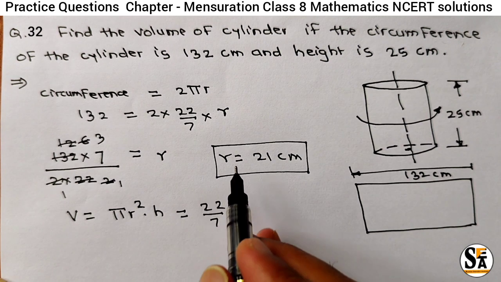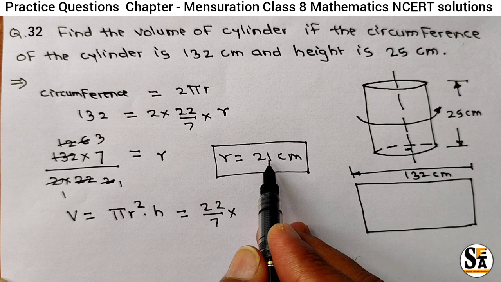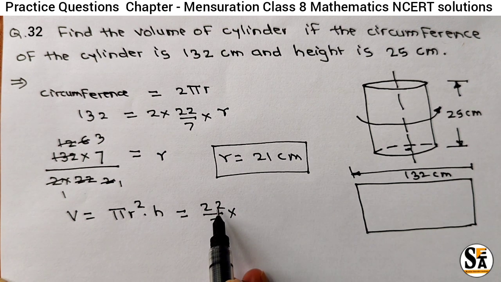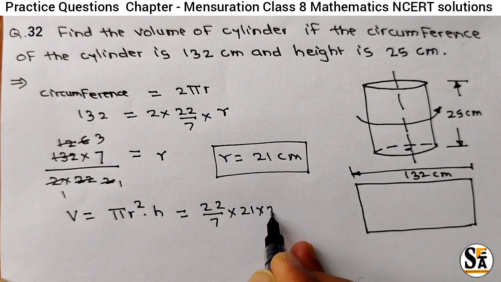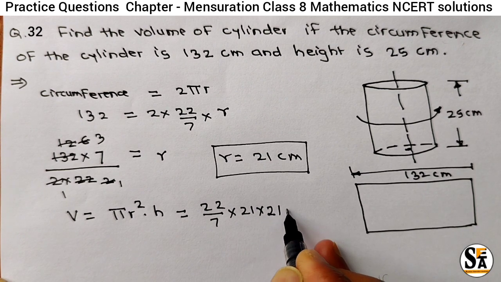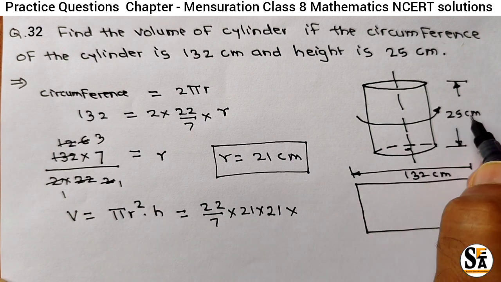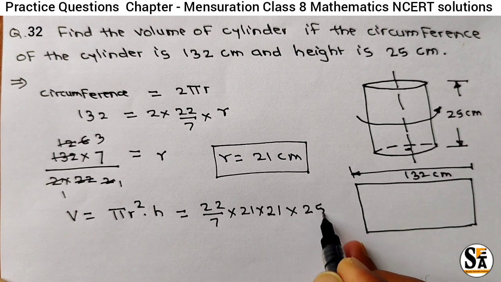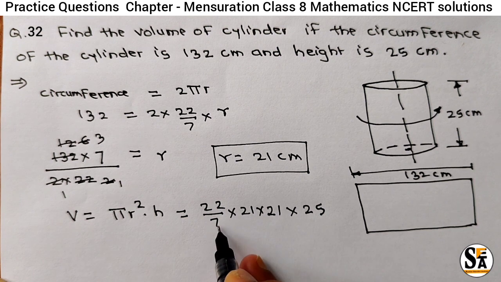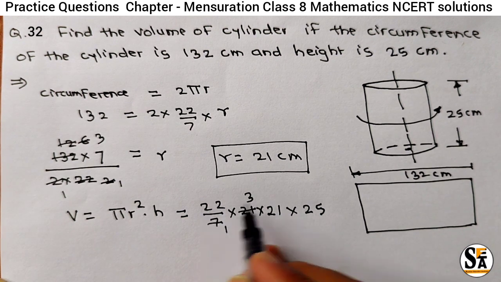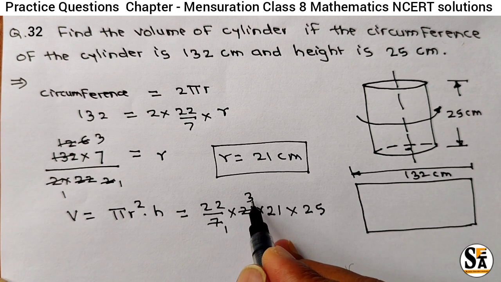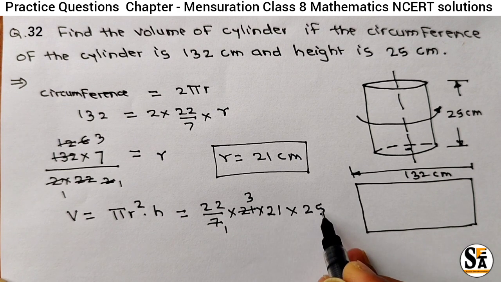Just see here we are getting r as 21, that is a multiple of 7, so it becomes easy to write the value 22 upon 7. r is 21 into 21 and height is 25 centimeter. Now reduce this 21 and this 7, 7 3s are 21. Which are the numbers? 22, 3, 21 and 25.